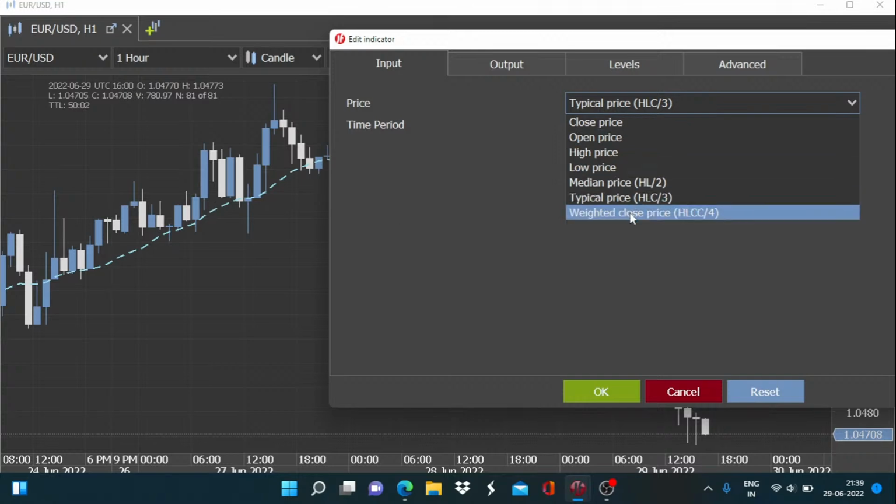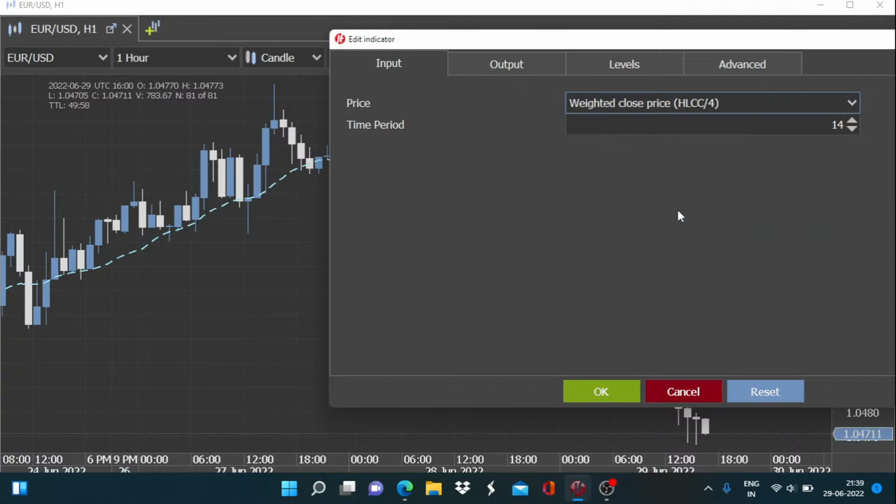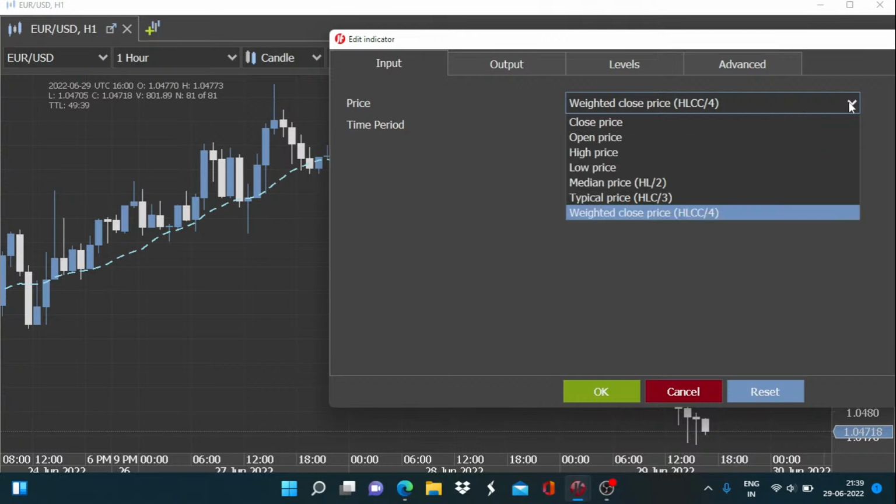We also have this weighted close price of the underlying instrument, and here the high, low, and the closing price is added twice and then divided by 4. So we have more weight provided to the closing price, and that's how this SMA is calculated.